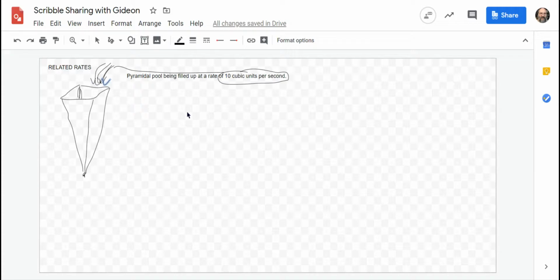One of the key issues in a related rates question is that we've got different variables changing over time. So think about this. We've got S, that's the side of the square. It's S by S, right? And we've also got how deep the water is. So I'm just going to draw some generic water about halfway full.